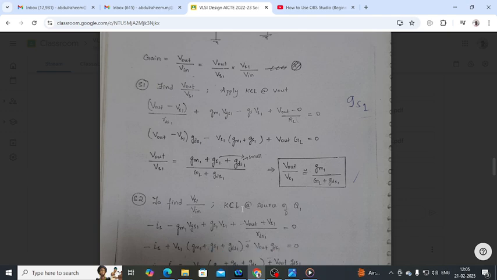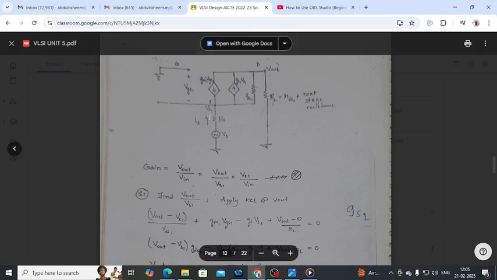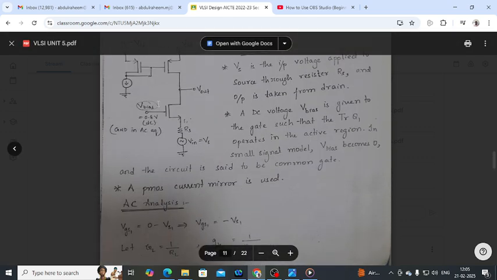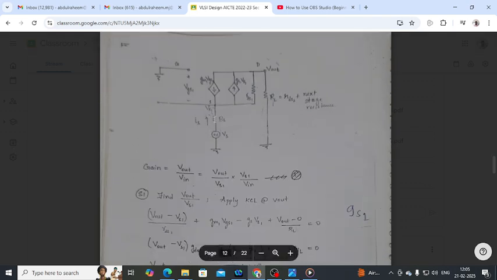Now I need to apply the KCL across the Q1 transistor. Q1 transistor is this; apply it at this node. So what I can write is the KCL: minus gm into VGS plus gs into VS1 plus V out, minus of V out plus VS1 by RDS equal to 0.